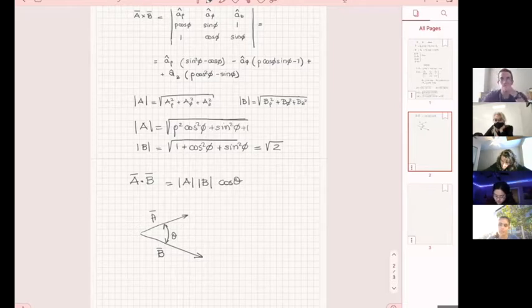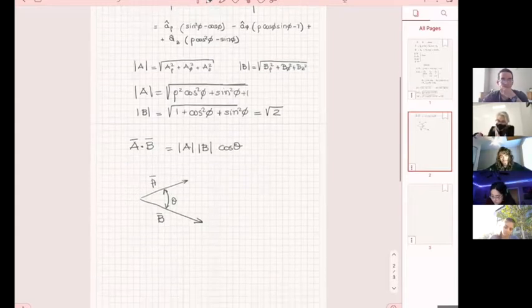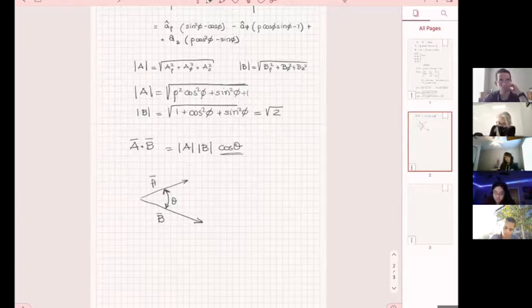What do you think? You know that. So now practically I know cosine theta, which is this one. And I can say theta AB, just so we know what we are talking about.